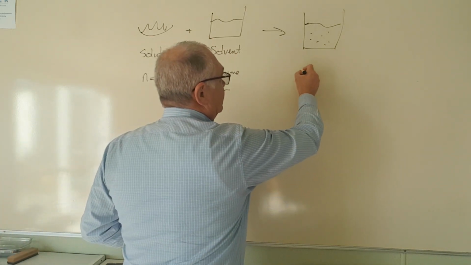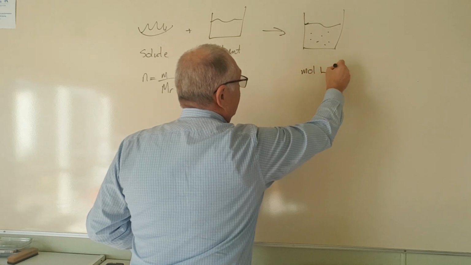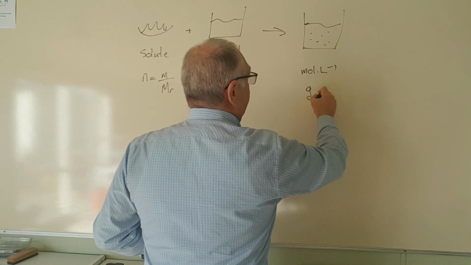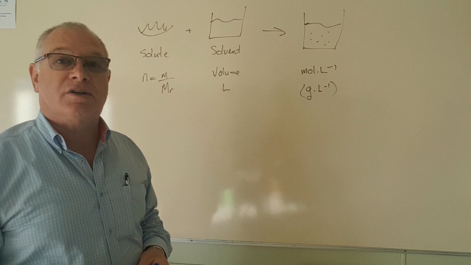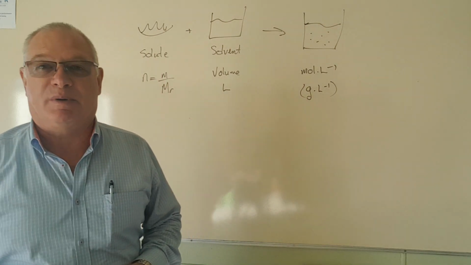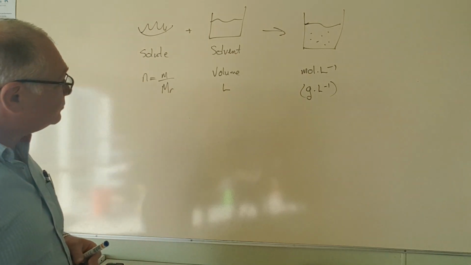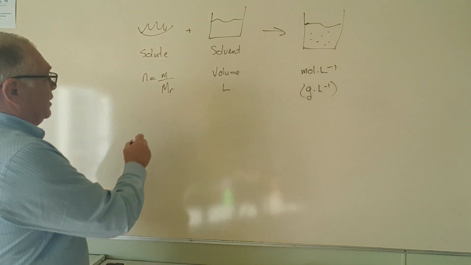So it's usually the number of moles in a litre, moles per litre. Sometimes we can have grams per litre, but it's not a very useful unit for us to use, particularly when we're doing concentration calculations.